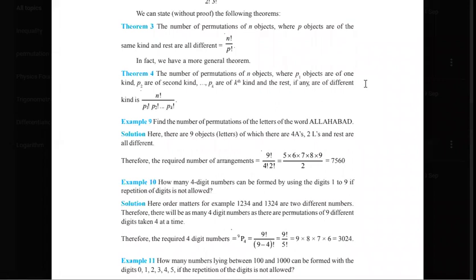Okay, so think about it, everyone. Obviously, 100 factorial is a very random answer. It is not correct at all. See how many numbers lie between 100 to 1000.